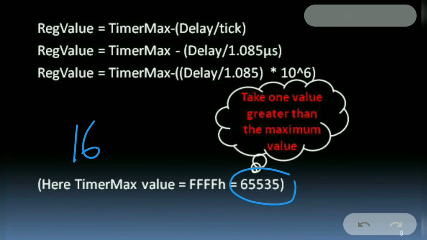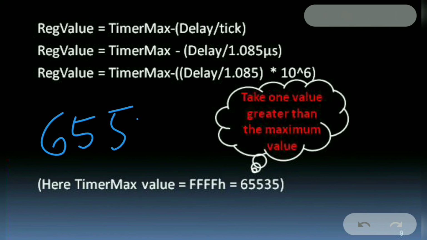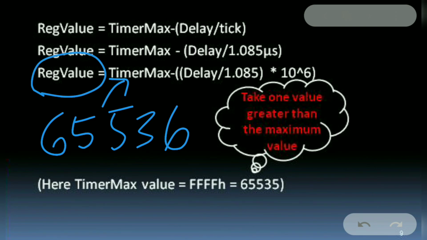But for the exact timer delay, we have to take a value one greater than the maximum value. That is, we take the maximum value of the timer as 65536. This is the value that we insert in this equation to find the register value, and that will be the exact value for the register.